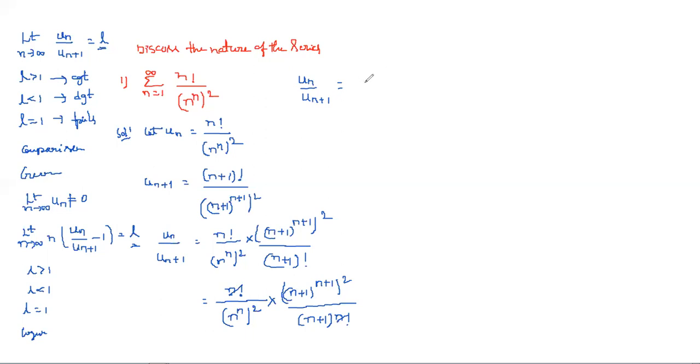Simply we can write ((n plus 1) whole power (n plus 1)) whole square by (n power n) whole square into (n plus 1) into (n plus 1).